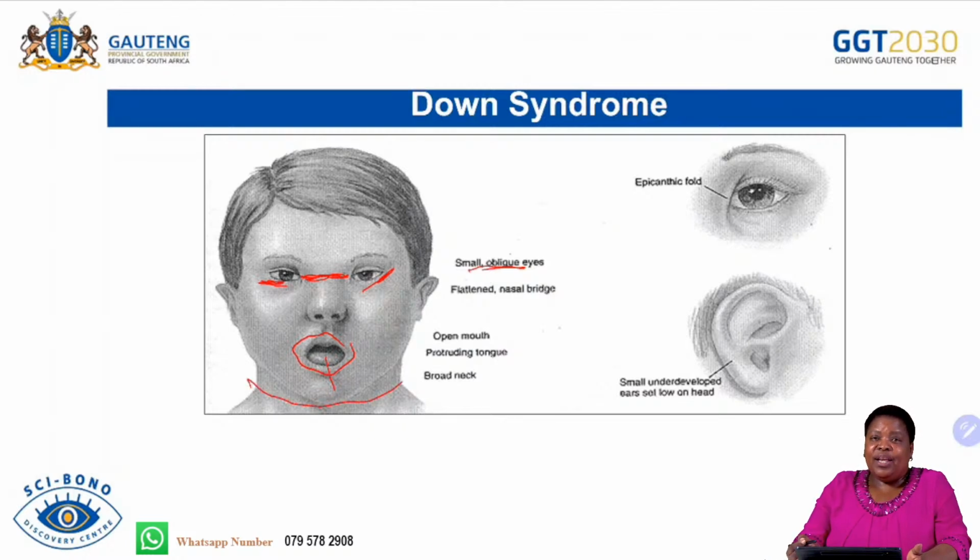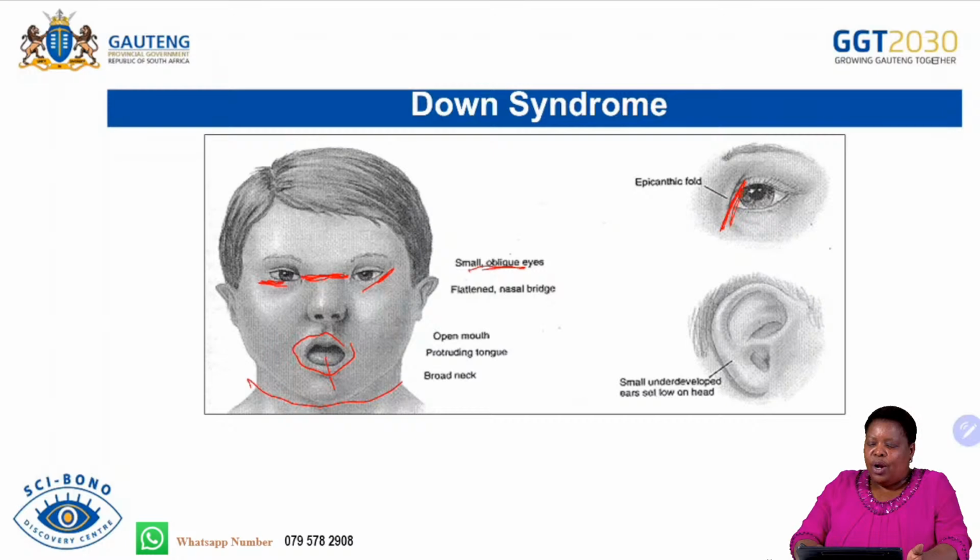And these people, we are living with them. You've got them in your families or in your friends' families or in your neighborhood. Let's respect them. Let's love them. Now, also, can you see this fold? It also tells us that this person might have the syndrome.